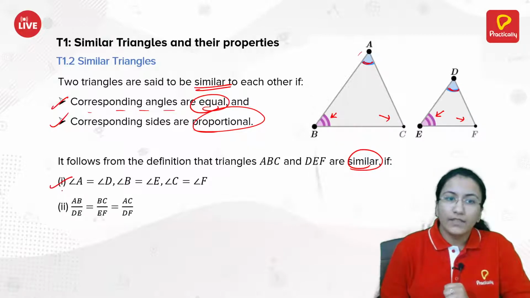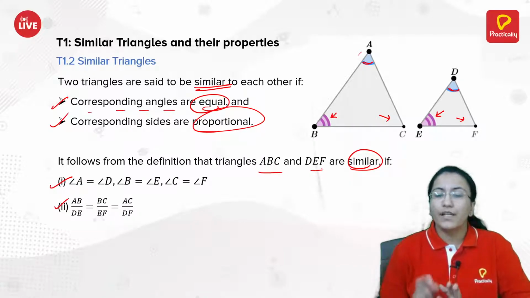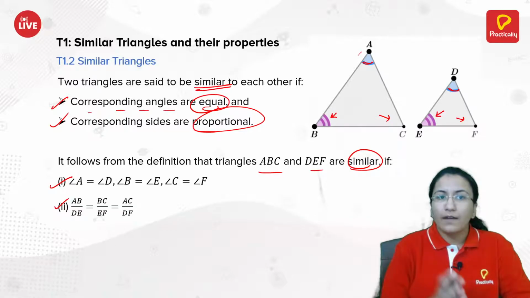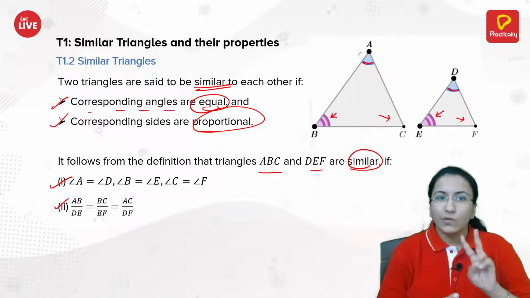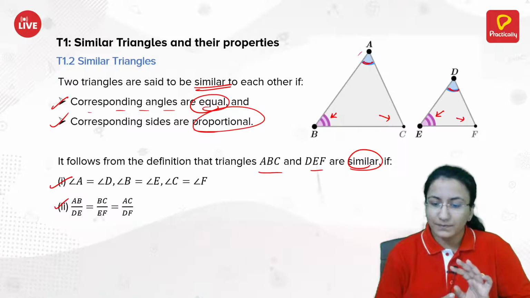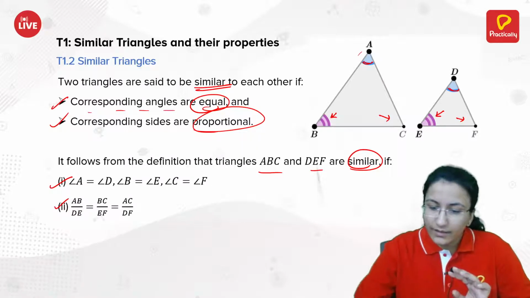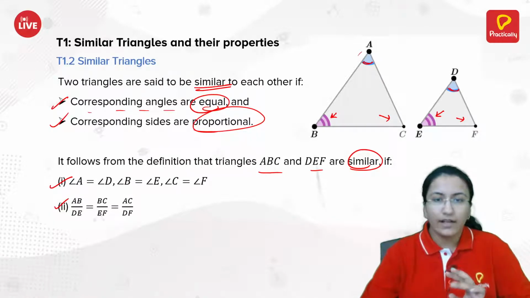So we have these two conditions true whenever we are given two similar polygons, or here in particular two similar triangles. We will mainly deal with two similar triangles because your chapter is only based on similar triangles. Okay. Yeah, Gagan said if two angles are equal, then automatically the third angle will be equal. Yeah, definitely.